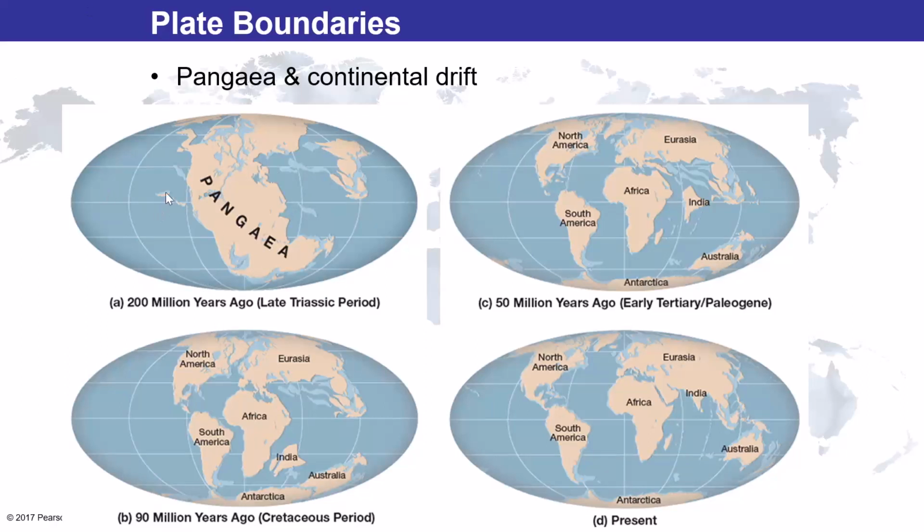So you can see going from A to B to C to D, and this is where we are in present day. Using this theory of continental plates, we can see how these continents have slowly drifted apart as they've moved along the asthenosphere.